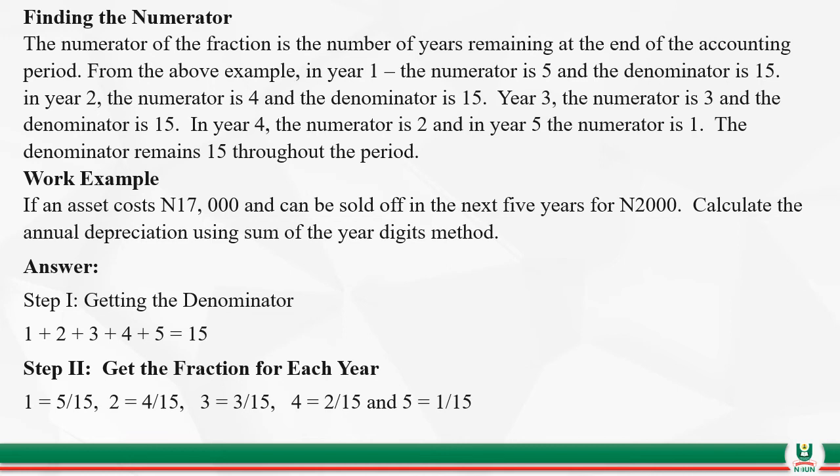Then step 2, you get the fraction for each year. Year 1 is 5 over 15. Year 2 is 4 over 15. Year 3 is 3 over 15. Year 4 is 2 over 15, while year 5 is 1 over 15.